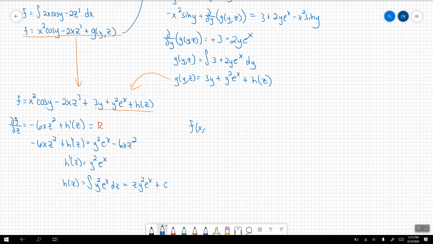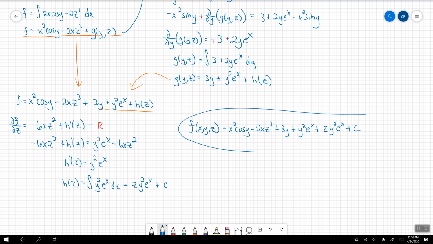So the potential function that we have is equal to x squared times cosine of y minus 2xz cubed plus 3y plus y squared e to the x, plus this h of z, which we just found to be z y squared e to the x plus c. And this is that potential function that we're looking for.